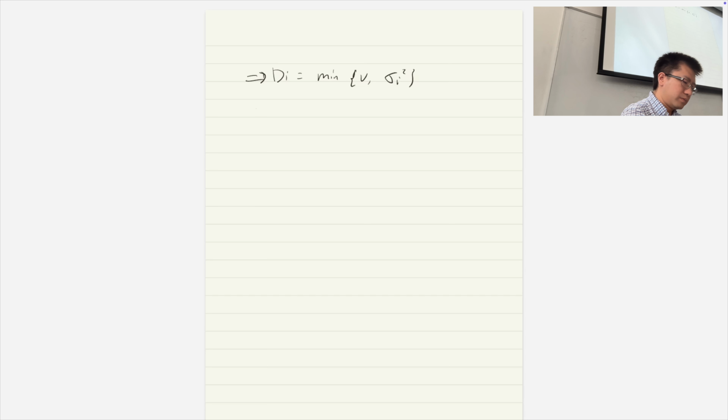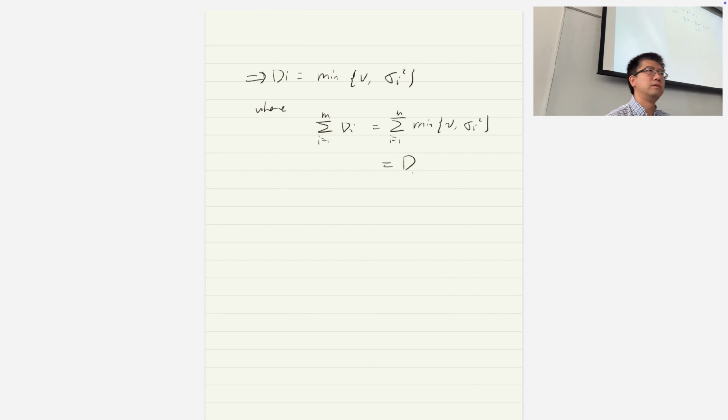And we need to make sure that the sum of all the di equals the sum of all these minimums between nu and sigma I square. So this has to equal d, right? So that's our distortion. Okay, and under this condition, Rd can be satisfied. Rd equals this.